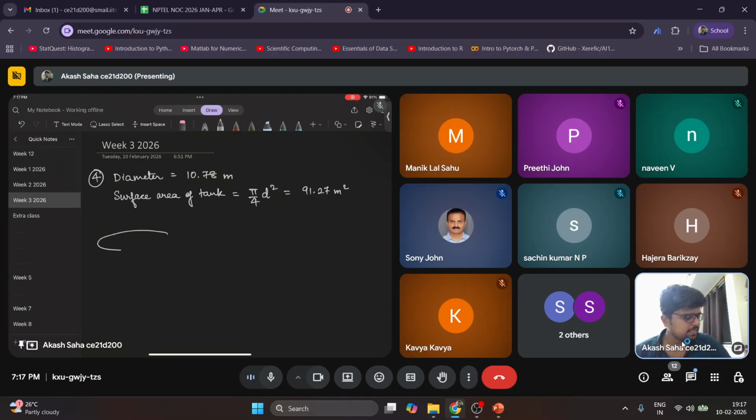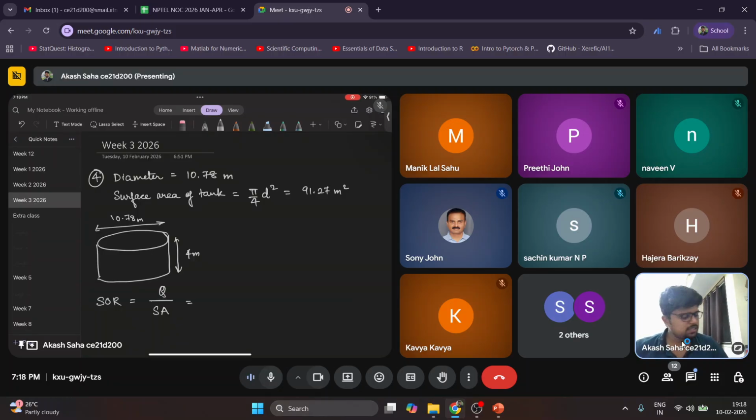So if the tank is like this, so this diameter is given as 10.78 and height is given as 4 meter. So although for this question the height of the tank is not required. So now the surface overflow rate or SOR will be equal to the Q discharge divided by the surface area.